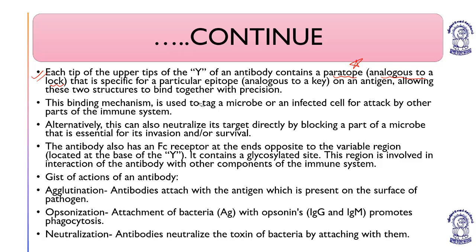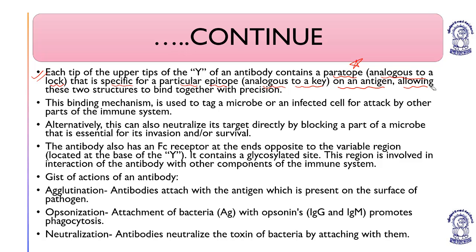The paratope is a type of lock that is specific for a particular epitope, mean analogous to key. So as you know that a lock is very specific to a key. So paratope is also specific to an epitope. Suppose epitope is an antigen and paratope is an antigen binding site. So antigen binding site will remain specific for the antigen.